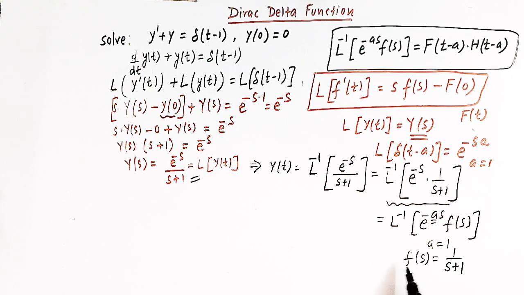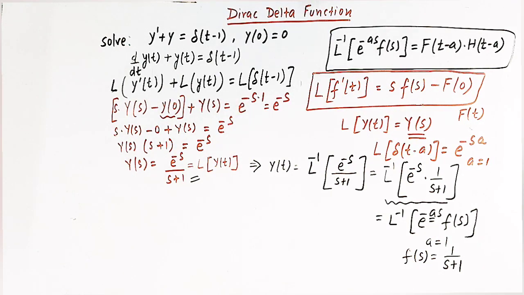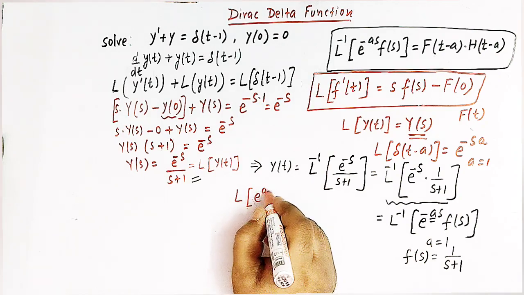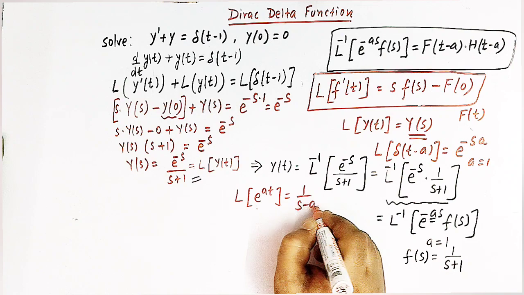So the Laplace transform of some function is f of s equal to 1 over s plus 1. Let us find out that function whose Laplace transform is 1 over s plus 1. Now we know that the Laplace transform of the function e raised to at is given by 1 over s minus a.